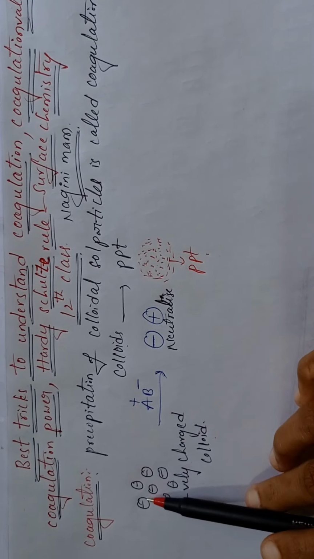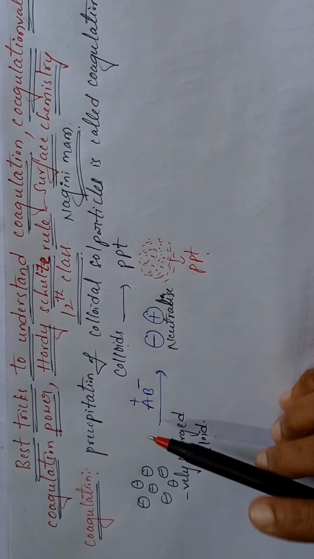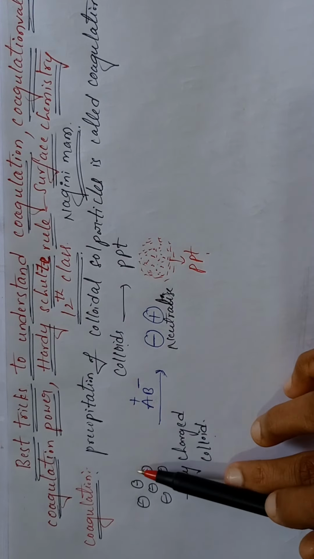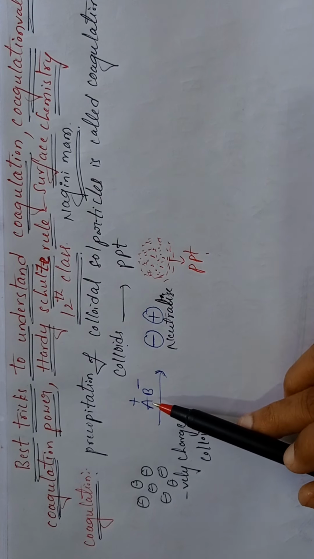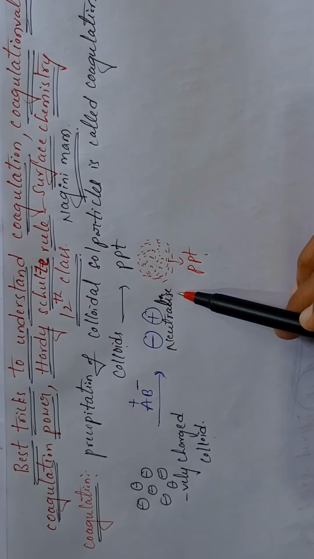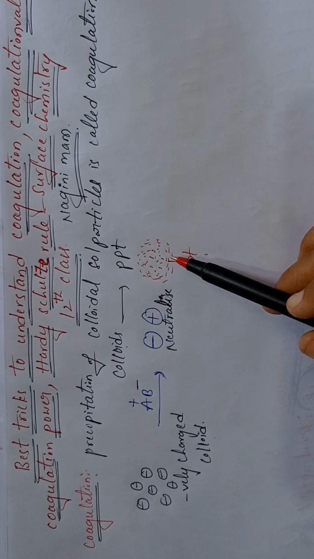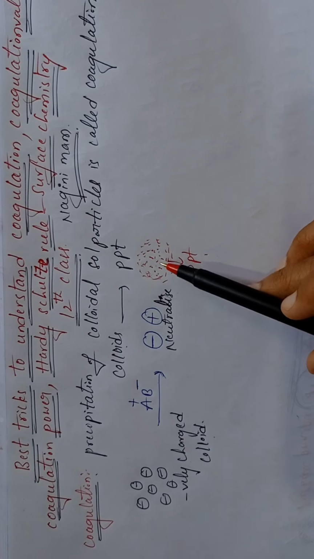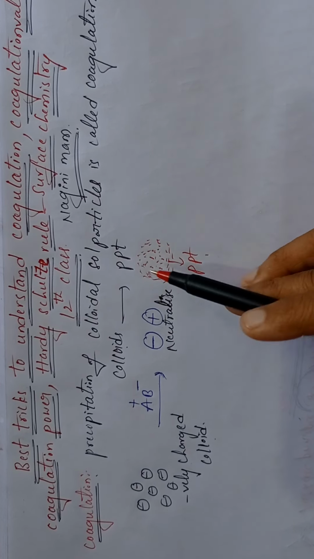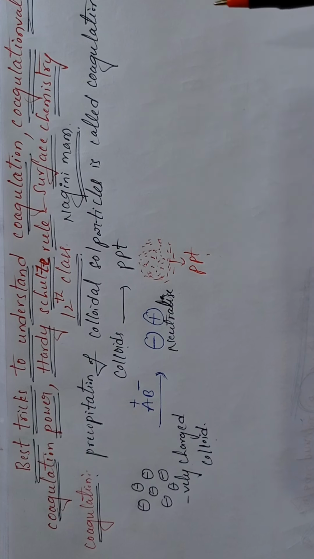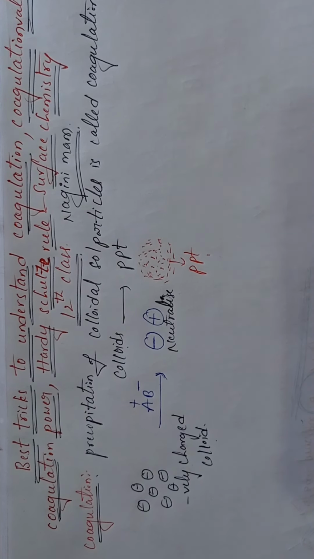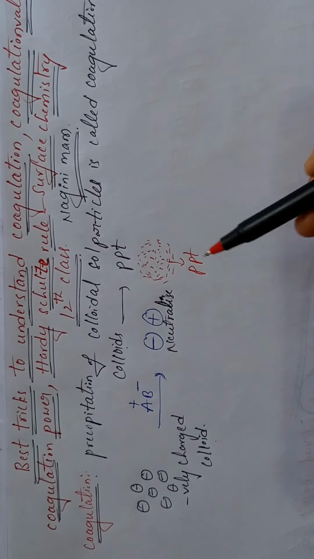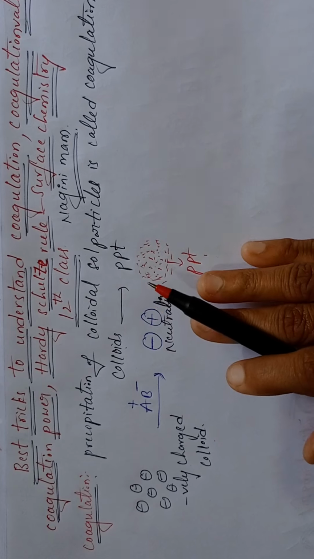When we add electrolyte to the negatively charged colloid, the colloidal particles attract the oppositely charged ions from the electrolyte and get neutralized, and then produce precipitate. Whenever molecules have no charge, they come closer to each other and form the precipitate, students. So this is coagulation.